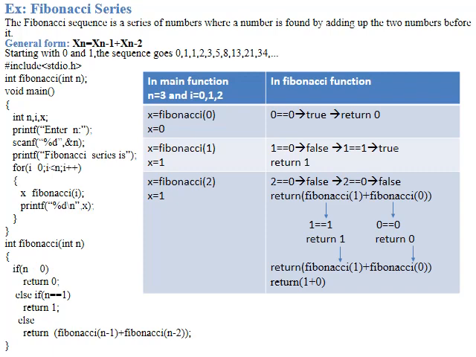Now in the main function, I have declared three variables: int n, i and x. n is to accept the nth number of the Fibonacci series. i is to generate each individual number of the series; I need to make use of a loop and generate each number of the series, so I make use of i for that purpose.